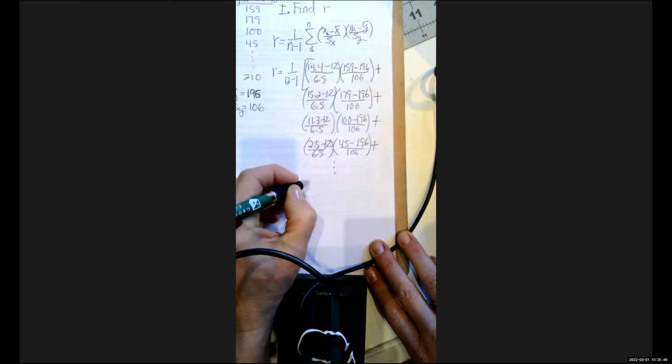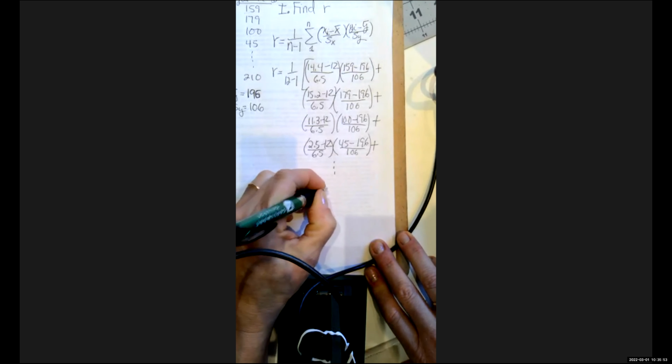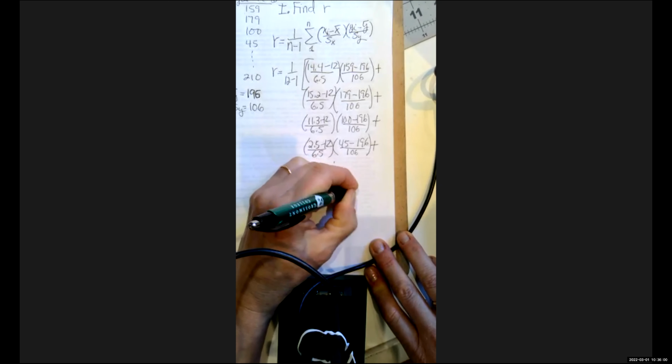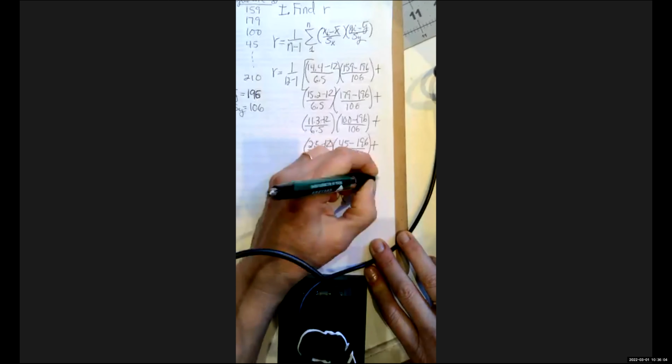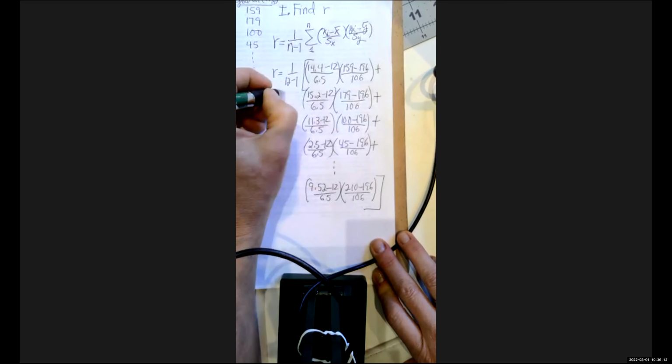We're getting tired of doing this, down to my last observation. All right, closing my brackets there. Remember, I have to do all these multiplications, add these up, and then not forget to divide by 11 at the end.